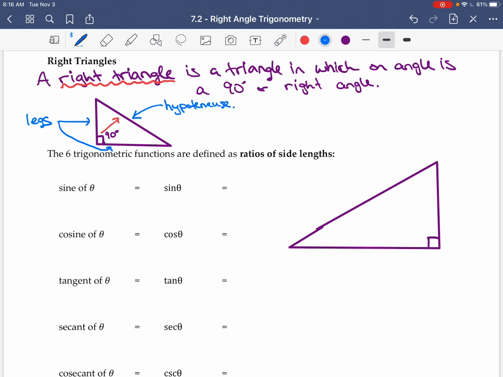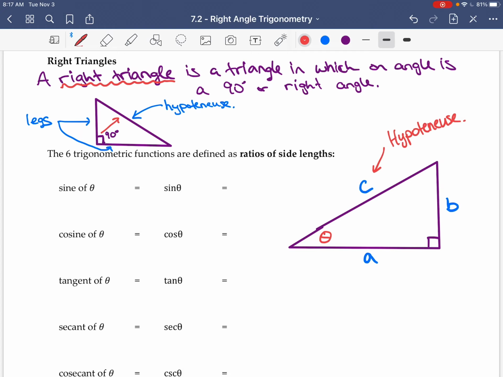If I label the sides, let's label them A, B, and C. C is the hypotenuse. But if we want to consider this angle, let's call it theta, then we have other names for A and B. They're the legs of this triangle, yes.